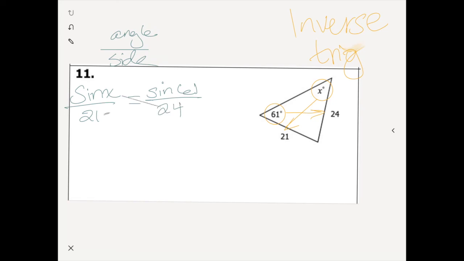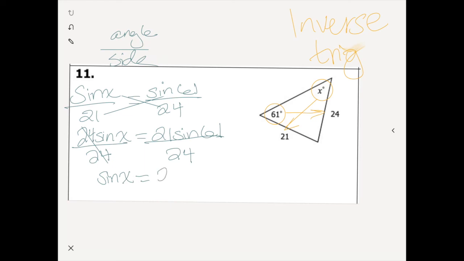I'm going to cross multiply. I'm going to have 24 times the sine of x is equal to 21 times the sine of 61. We're going to divide by 24. And we have the sine of x is equal to 21 times the sine of 61 over 24. Put this in your calculator to get a decimal.